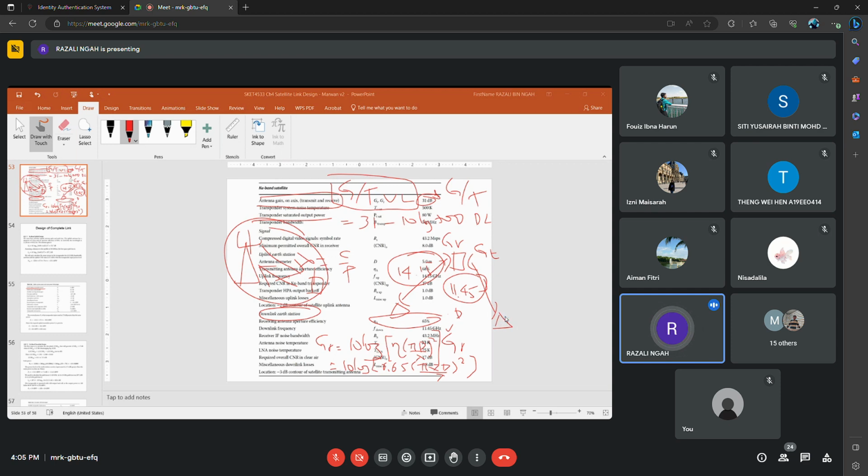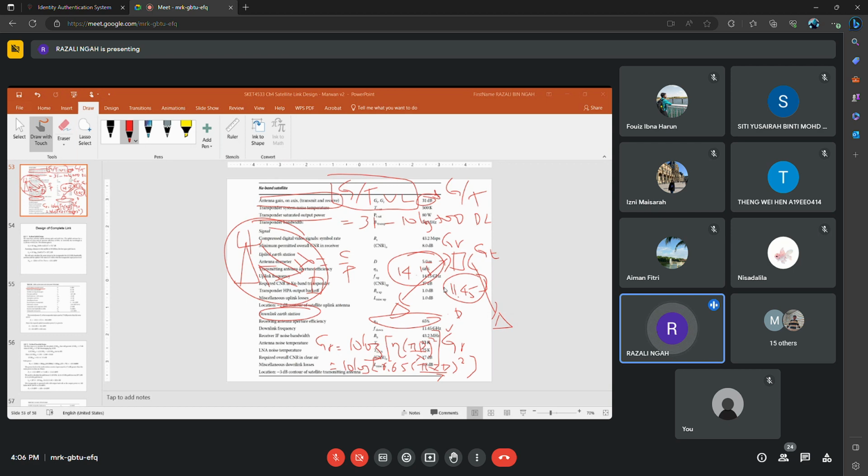It is useless, because the receiving antenna gain will increase the received signal and also the noise signal, right? So that's why GT plays an important role to make sure that the signal received at the receiver is above sensitivity or above threshold. So I hope you understand my explanation.